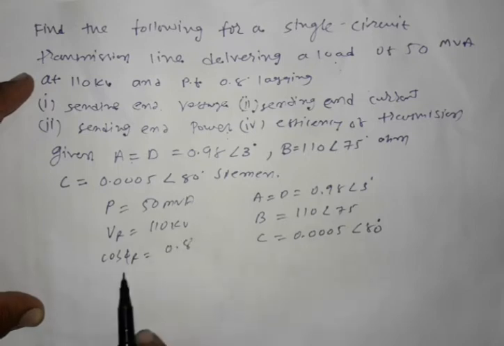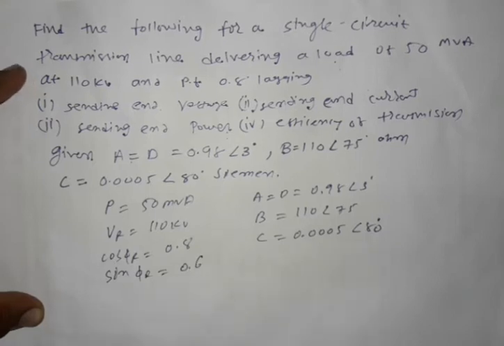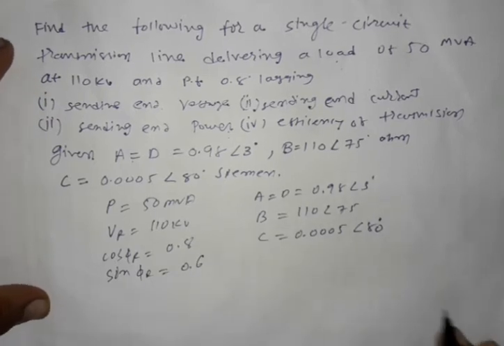From the power factor we find the angle phi R and then sin phi R, which is 0.6. So here is the given data. Now we have to find the sending end voltage and sending end current.